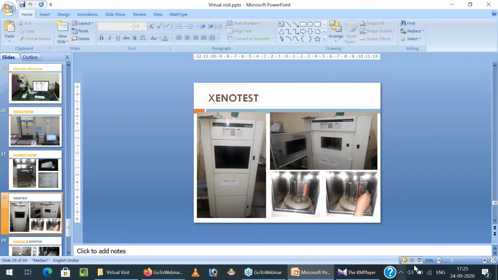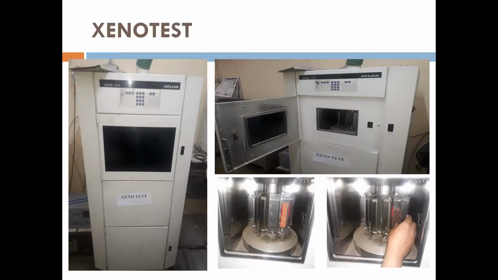Then this is the geno test. Here we place the fabric, we cut the fabric, and here we have the artificial light.